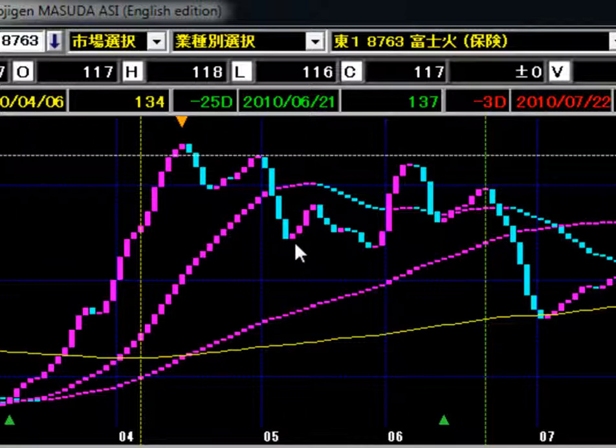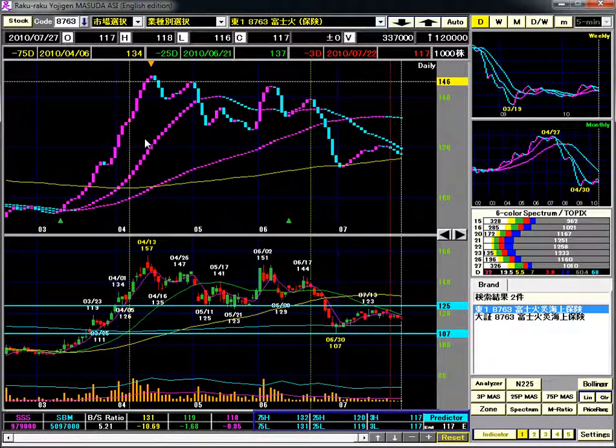So color is very important in the context of reading and interpreting Masuda Ashi charts, and this also is true with the four vertical predictor lines that we have here. The Masuda Ashi chart system leverages the power of color to make charts more easily readable and easier to interpret, using the power of color to be able to instantly recognize trends, patterns, turning points, and so on.